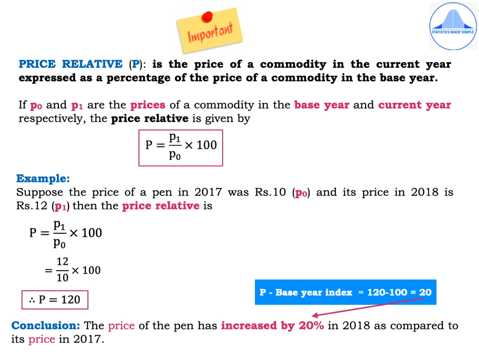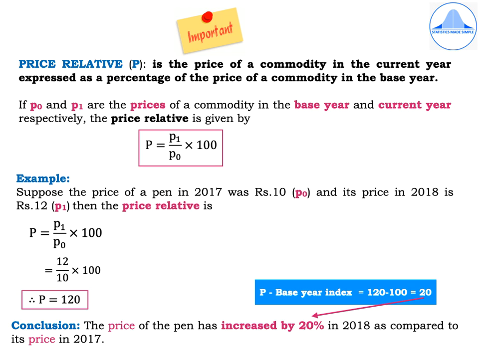So 120 minus 100 gives you 20. So in other words, how we interpret the price relative is the price of the pen has increased by 20% in 2018 as compared to its price in 2017.